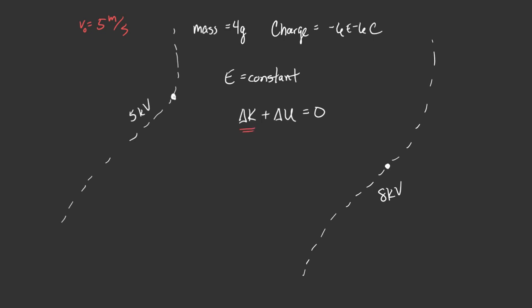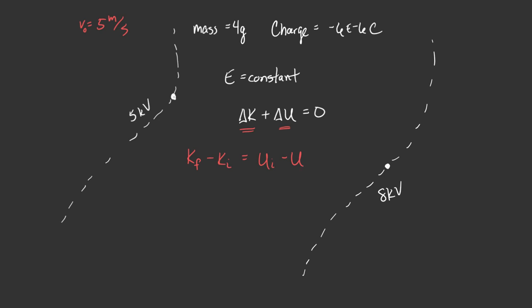I think you guys kind of know what these mean, but let's make sure. That's going to be K final minus K initial equals, I don't know if I can do this all in one jump, but hopefully you can figure it out, U initial minus U final. That okay?